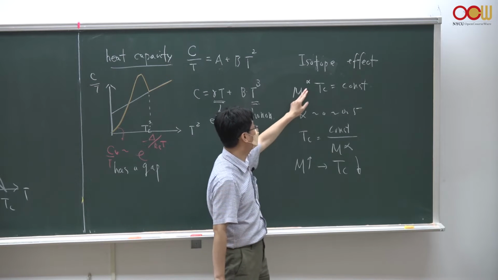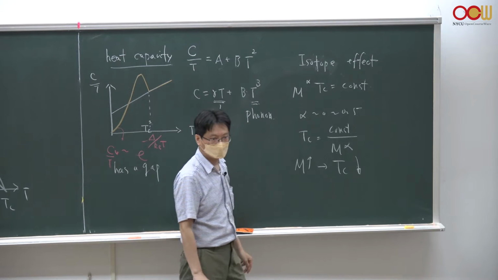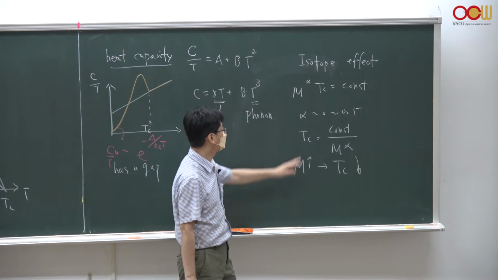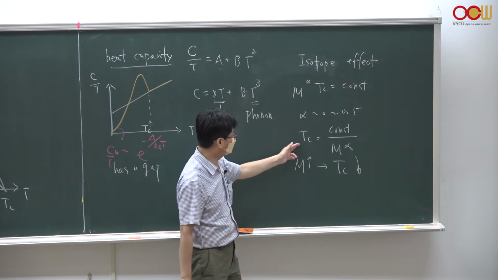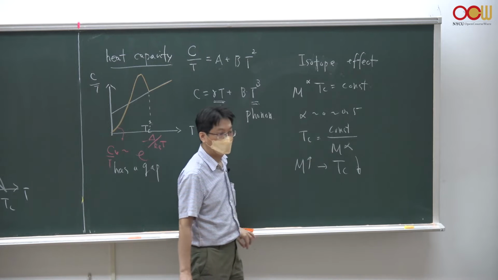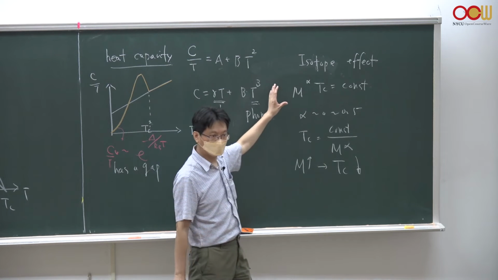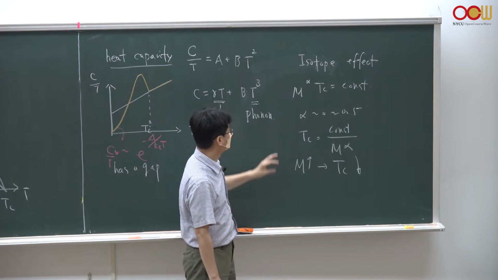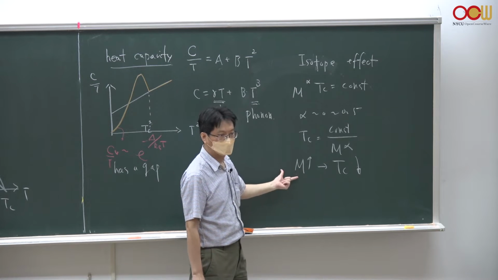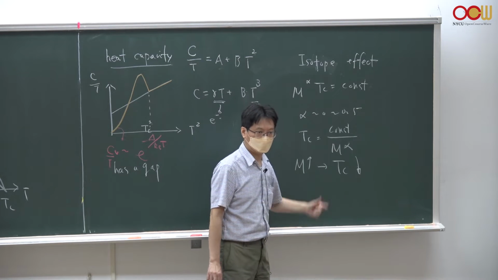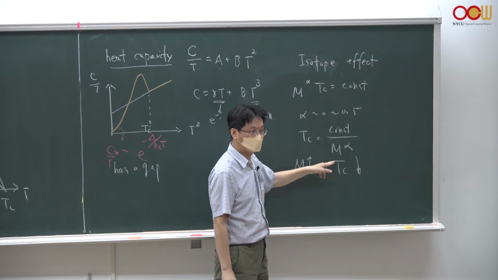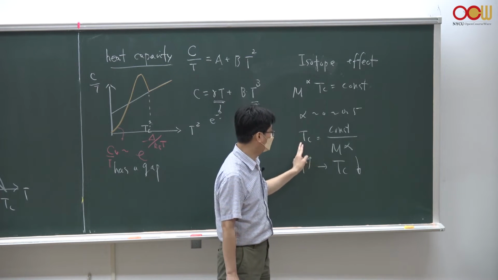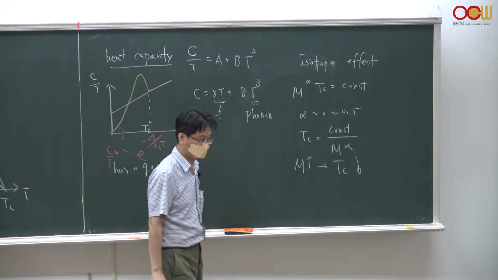This alpha ranges from 0 to 0.5, and Tc is a constant divided by m to the power of alpha. This is just an empirical formula. The heavier the atoms, the lower the Tc. So you can see Tc and m to the power of alpha are inversely proportional.